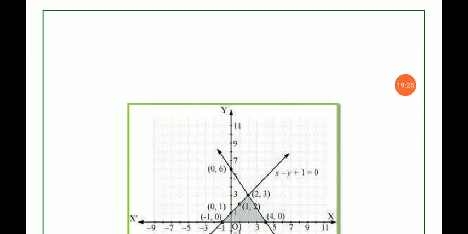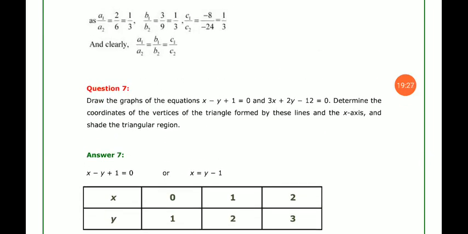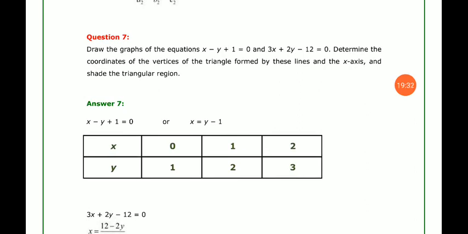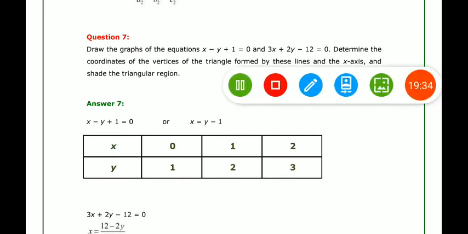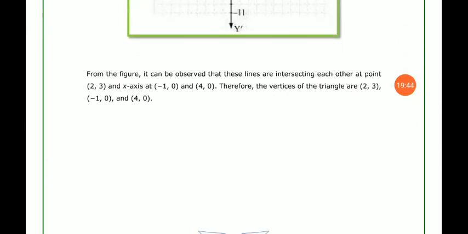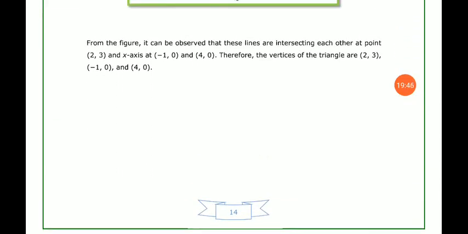And what else do we have to find out? Determine the coordinates of the vertices of the triangle also. So we will do that, and after doing so we will get these coordinates.